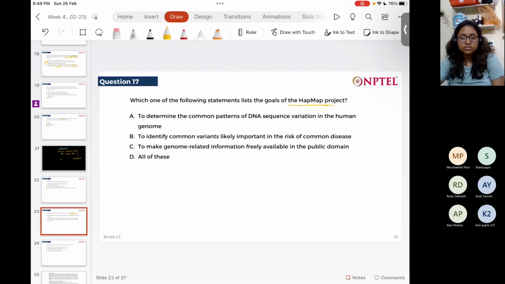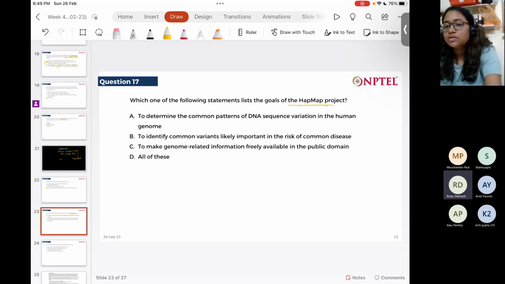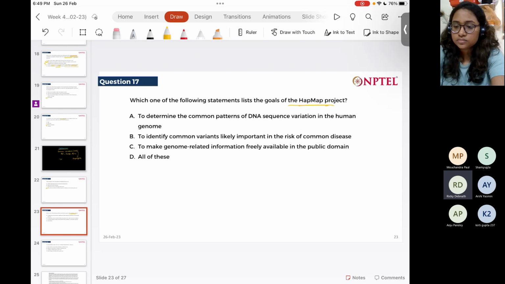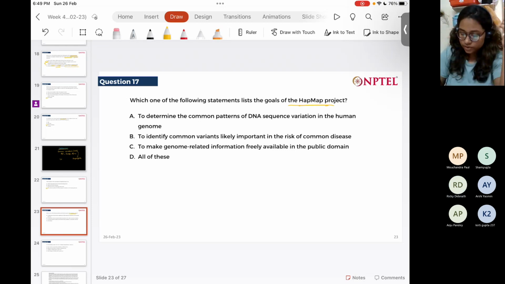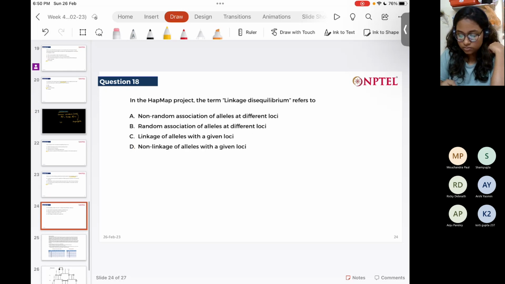So it is just like the previous question. D as well. Yes, Ricky, I couldn't hear you. Can you repeat? Yeah, it's D as well. Yes, the correct option is D. All of these options were the goals for the HapMap project.